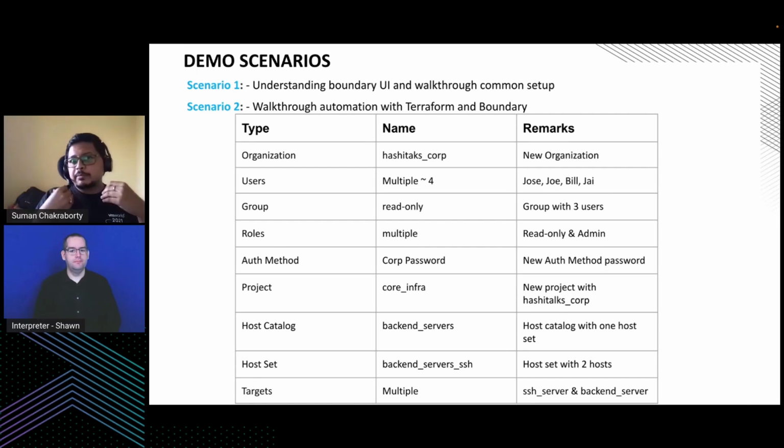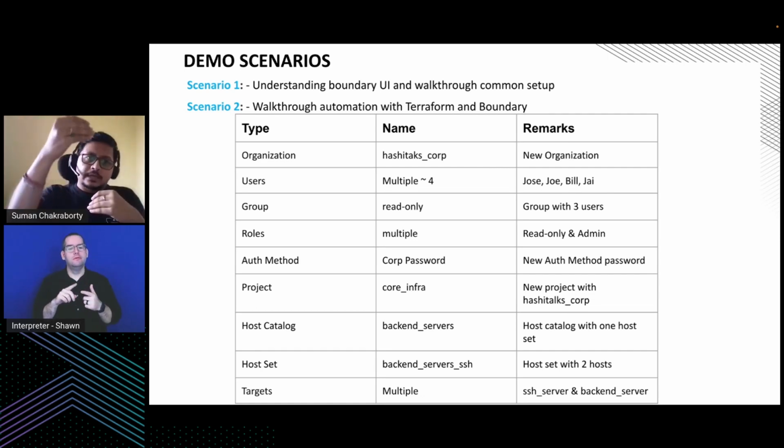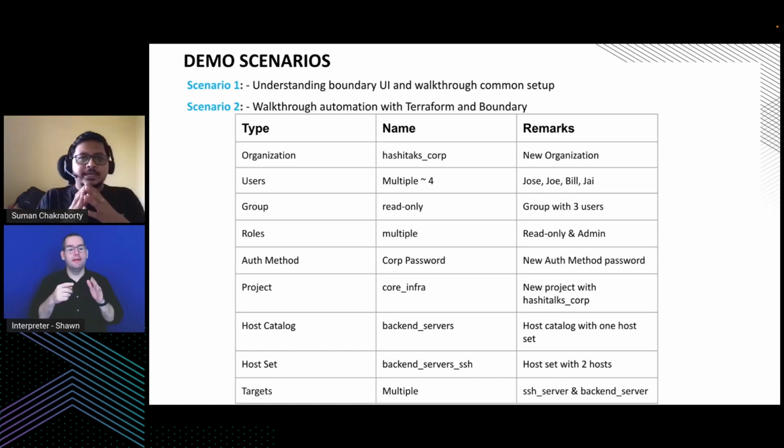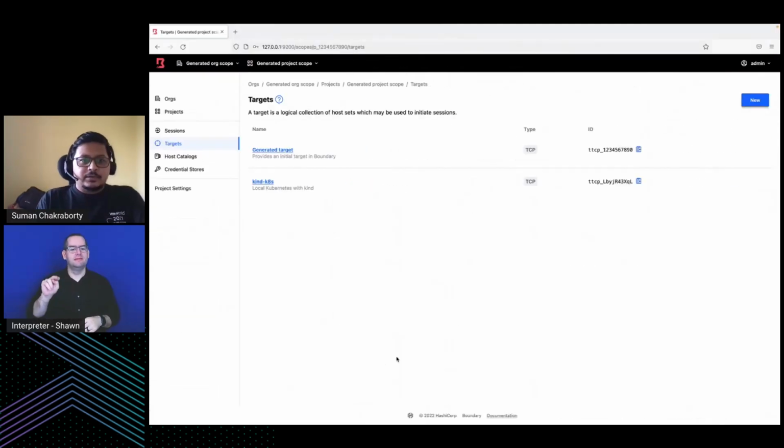With Boundary, we have a Boundary provider from Terraform that we can easily use to walk through the complete automation, or we can create the complete script defining these parameters and generate them, so that it becomes very easy for us later whenever we need to change or update any fields as required. So let's see how this happens.